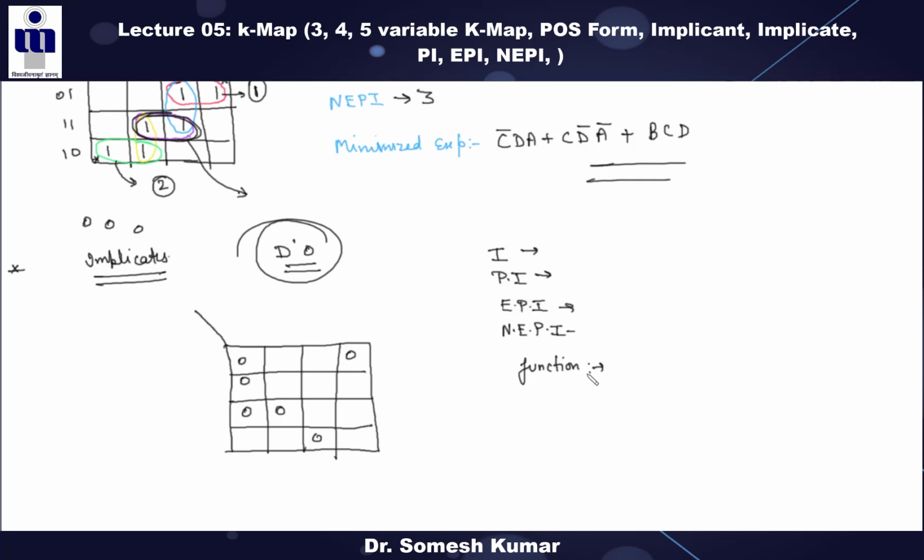Now which ones are the pairs? First is this pair. What is the output of this pair? Sorry, just a minute. I am giving here x3, x4, x1, x2, right? So I have defined x1, x2. In the previous examples, we had taken ABCD, right? So now tell me, this is 0, 0, 0, 1, 1, 1, 1, 0.